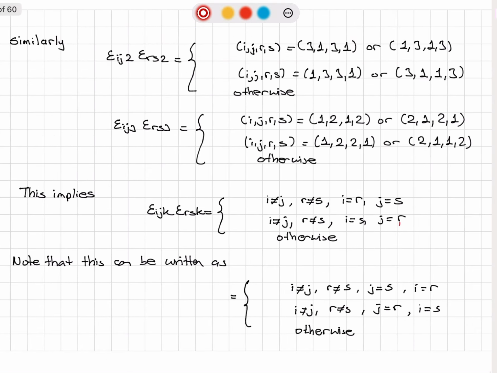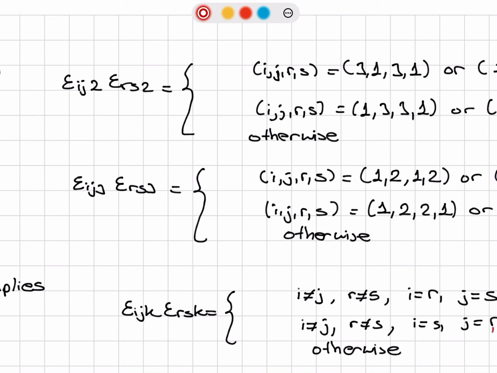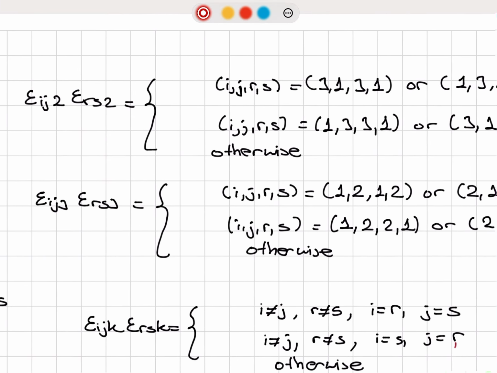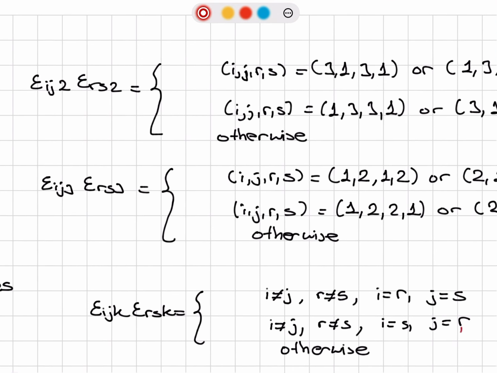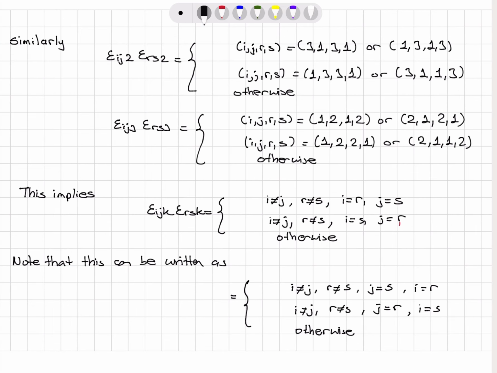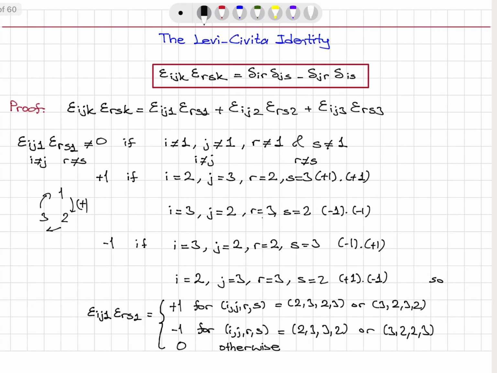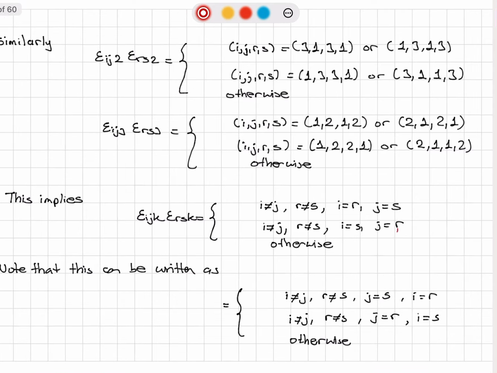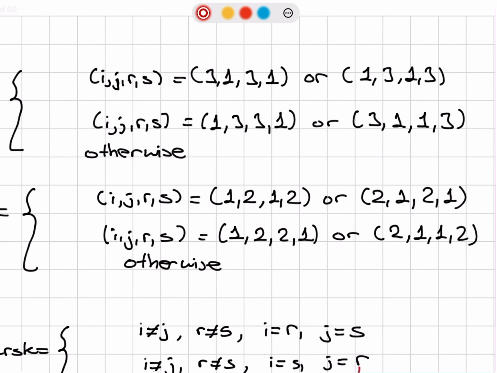Okay, likewise, if I look at epsilon ij2, epsilon rs2, when i and j are 3 and 1, r and s are 3 and 1, so this is going to be 3, 1, 2, 3, 1, 2, which is positive. So this is plus 1 times plus 1.